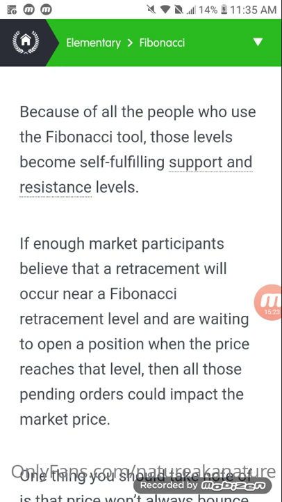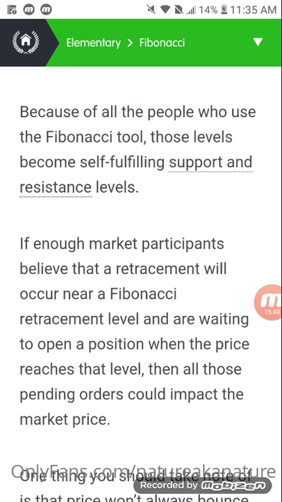If enough of the market participants believe that a retracement will occur near a Fibonacci retracement level, and sellers or buyers are waiting to open a position where price will reach those levels, people usually put pending orders, buy orders and sell orders, and wait for price to hit those Fibonacci levels.